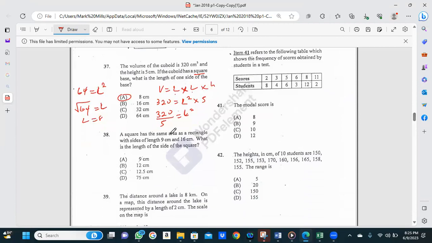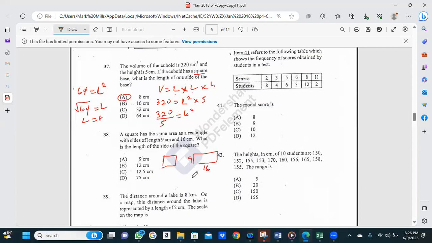A square has the same area as a rectangle of length 9 by 16. So you have a square here and a rectangle. They say this is 16 by 9. They ask you to calculate the length of the side of the square.